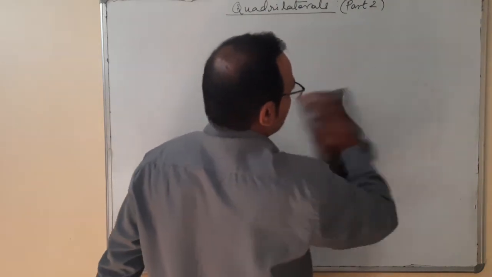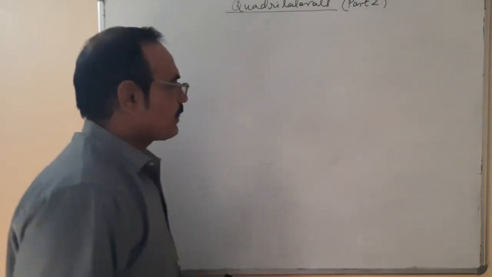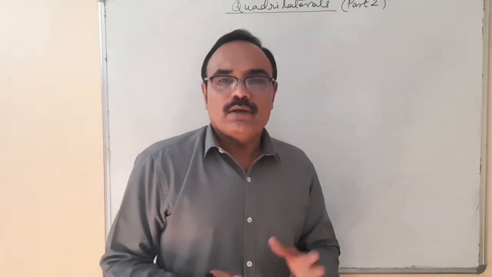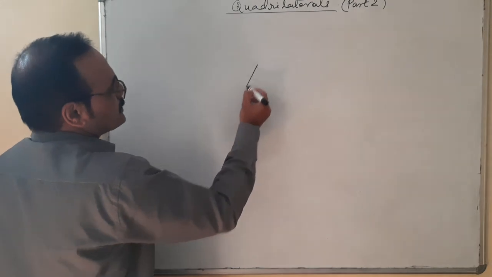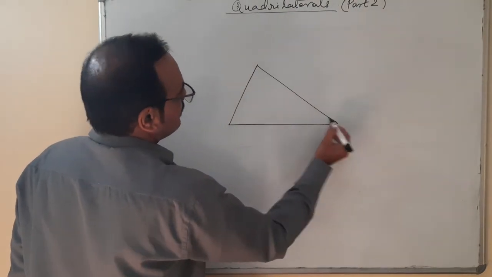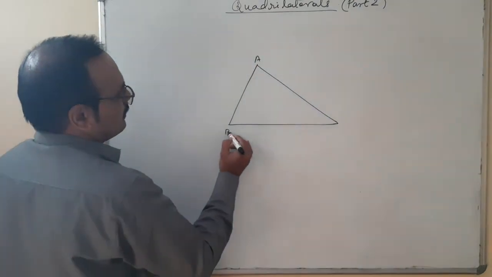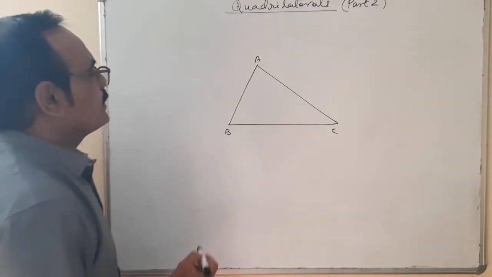You can say it's a converse part of it. Okay. I am explaining through the diagram. What is it? A line drawn through the midpoint of one side. It's a triangle.